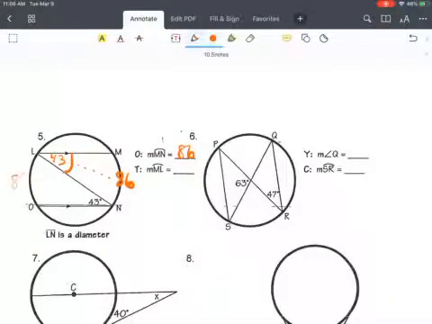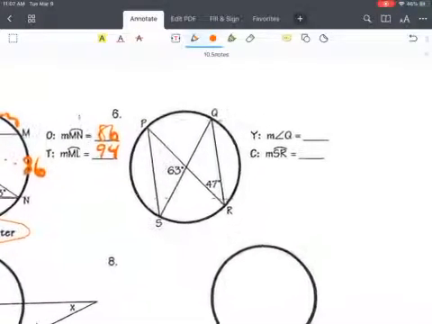I would get the same thing on the other side. And because LN is the diameter, then I know that ML needs to be 94 because the diameter cuts it in half.